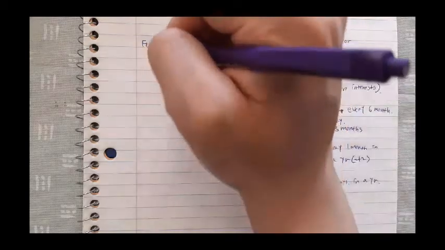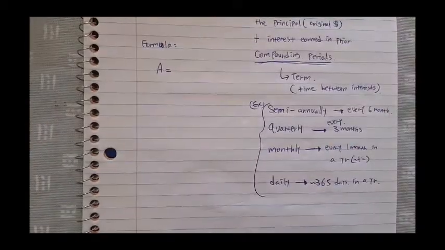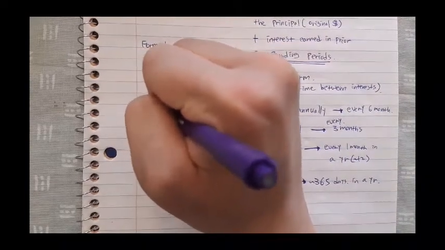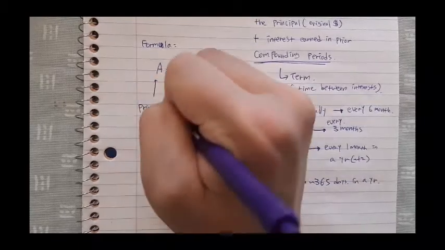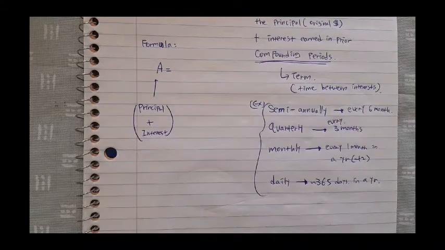But in this case, A, the total amount, can be calculated in one step. Sometimes people like this better because it's a total calculation in one step.